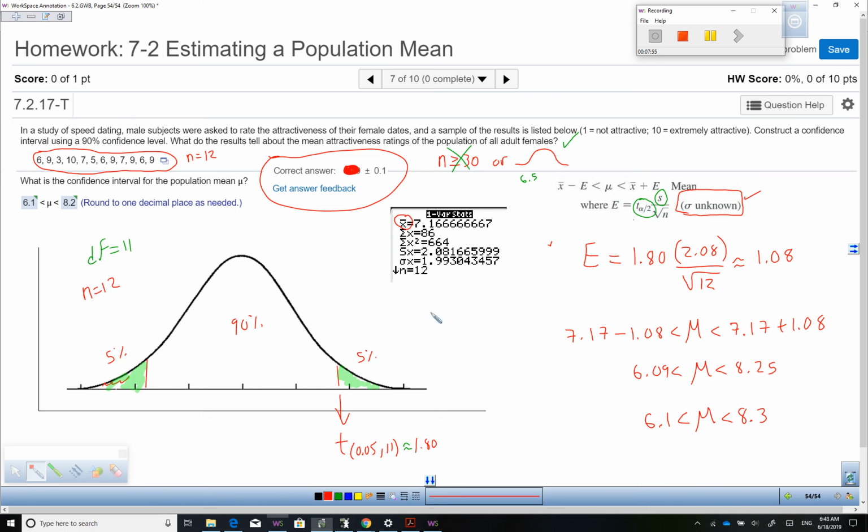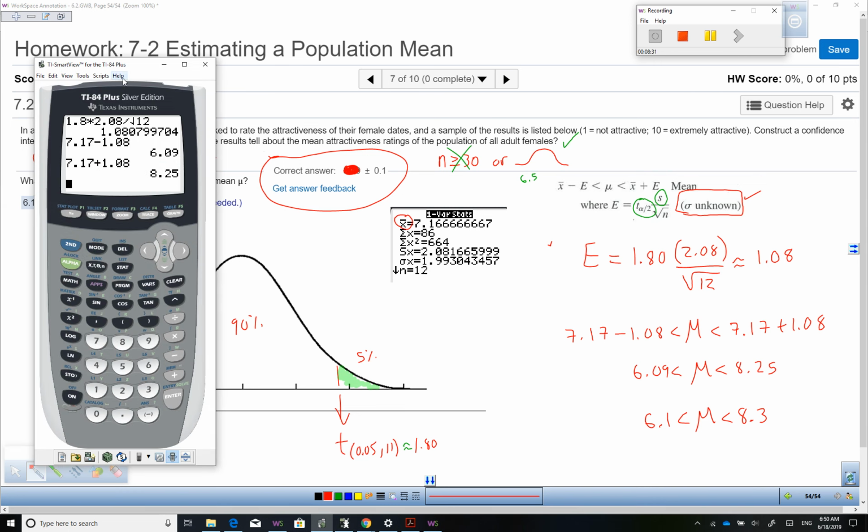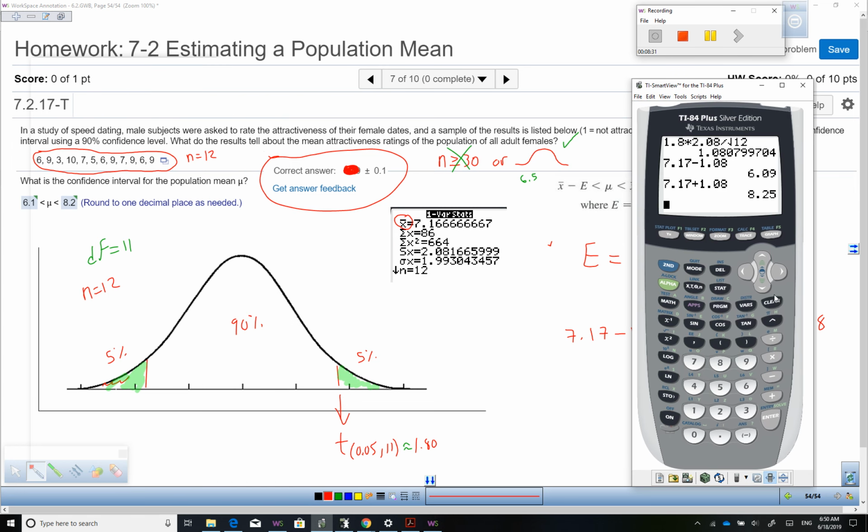And now let me show you the fastest way to do this. Let's go to calculator, and let me clear this. Either way, the short or long way, you gotta type all this data in under stat edit and type it on L1.